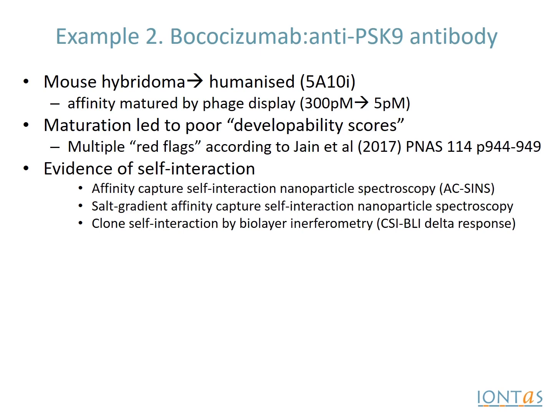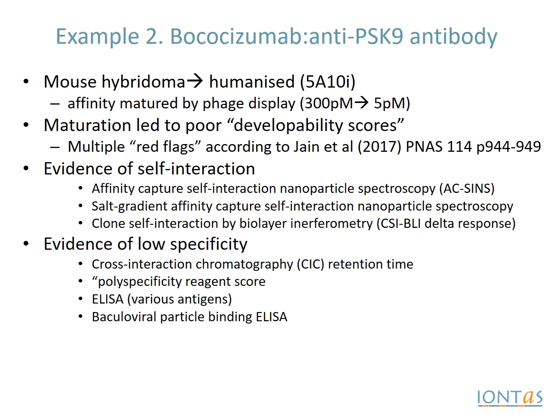So in fact, there's a number of assays that were looking either for evidence of self-interaction, and you can see them listed here. I'm not going to go through them all. Other assays were looking for low specificity of the antibody being tested, and again, bococizumab scored badly in a number of these assays.